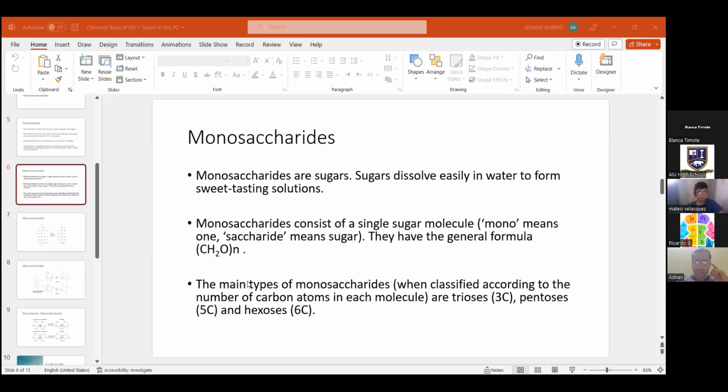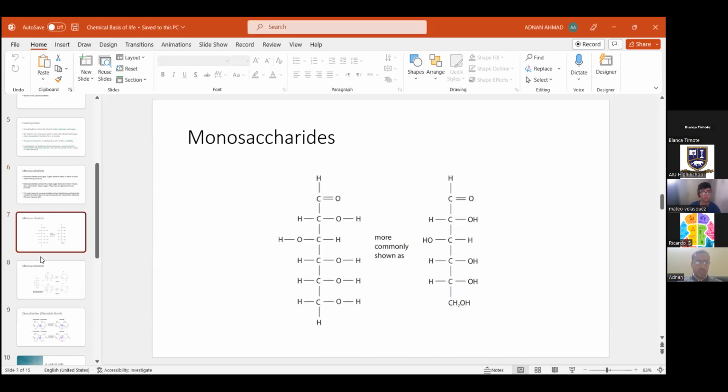I did not include polysaccharides in this lecture, since this is the first lecture and just an introductory class. I will explain it to you guys later on. And this is the chemical structure of a monosaccharide, the simplest carbohydrate, or a sugar that you put in your tea and drink. Is it clear now? Stephen, is it clear? Okay, thank you.